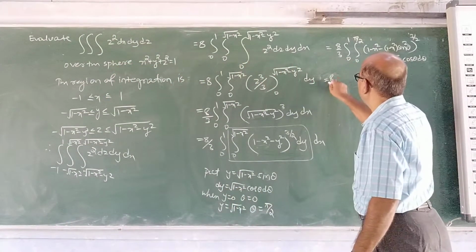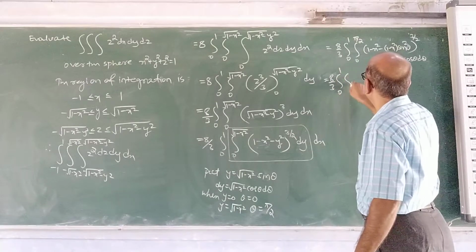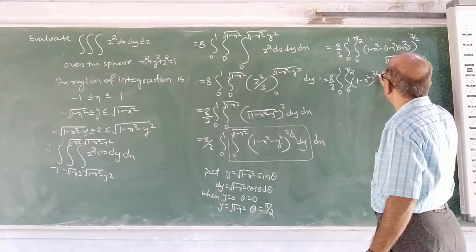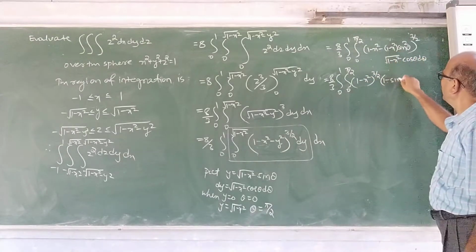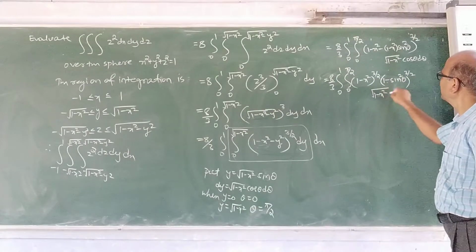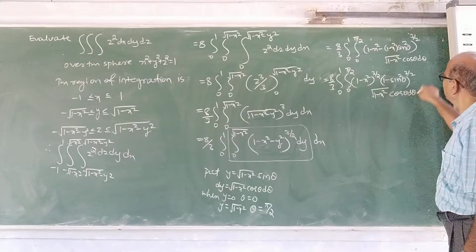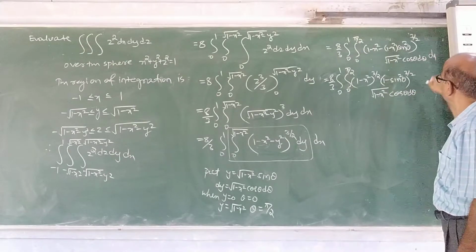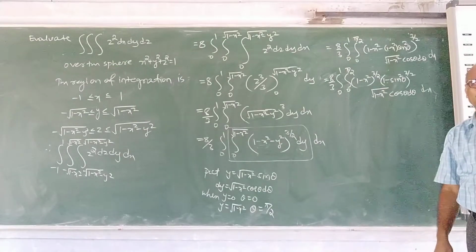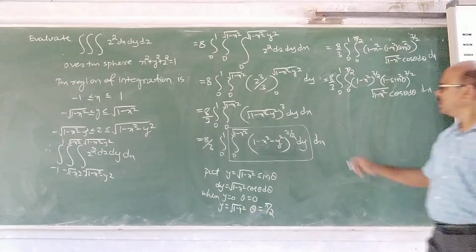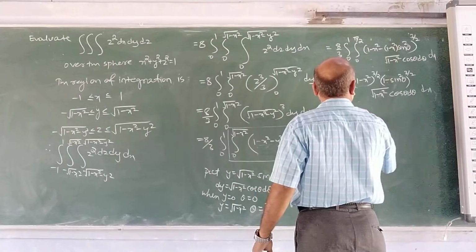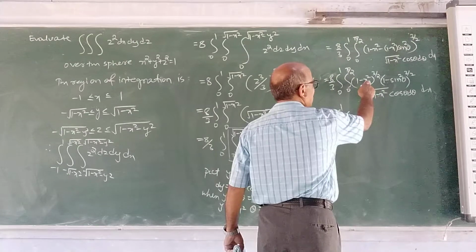It is therefore 8 by 3, 0 to 1, 0 to pi by 2, 1 minus x square raised to 3 by 2, 1 minus sin square theta raised to 3 by 2, root 1 minus x square cos theta d theta, with respect to x. Therefore, 8 by 3, 0 to 1, 1 minus x square whole square, because root raised to 3 by 2.